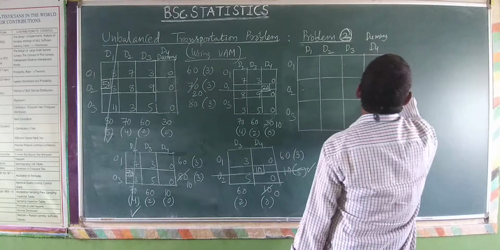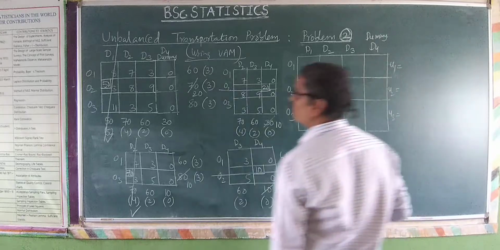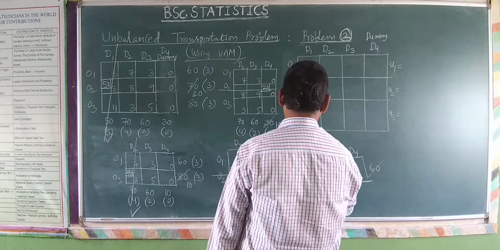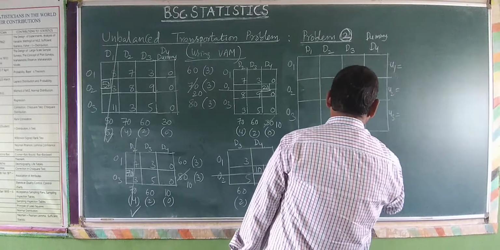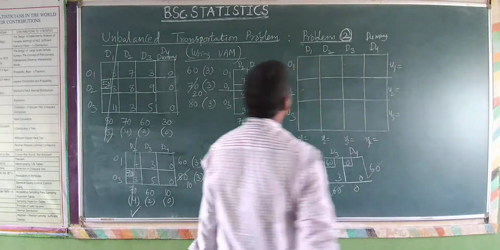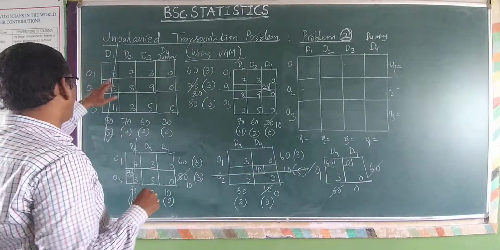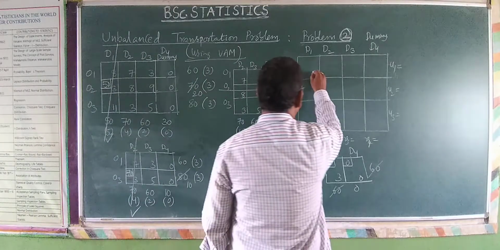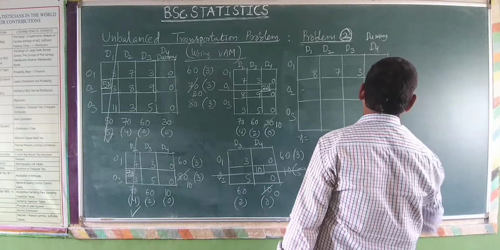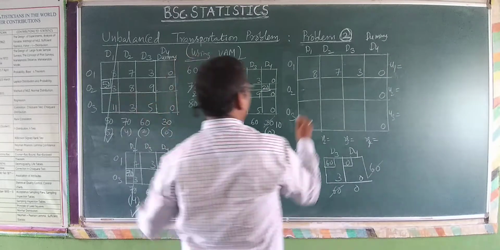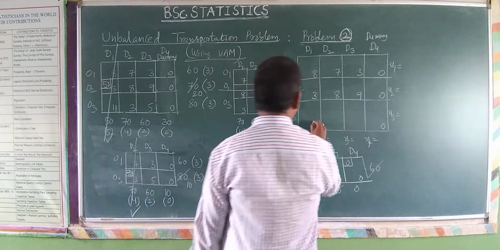And I am preparing here U1, U2 and U3, because there are 3 origins and 4 destinations. V1 here, the values Ui and Vj I am specifying here to calculate. And then I am representing the values of cost 8, 7, 3, 0, these are all zeros, and 3, 8, 9, and the next one 11, 3, 5.